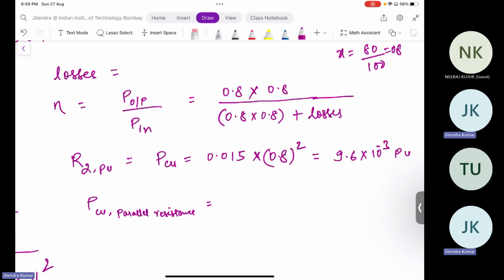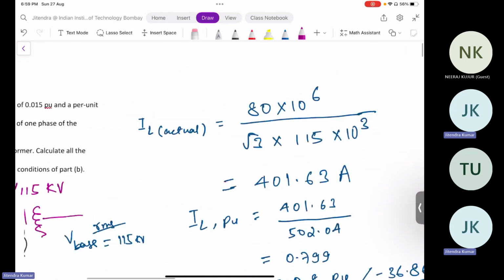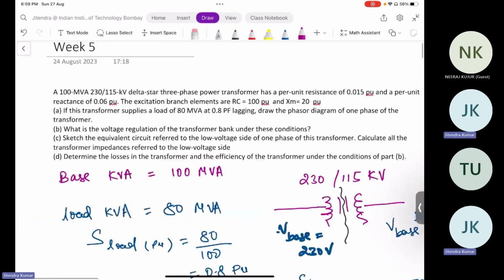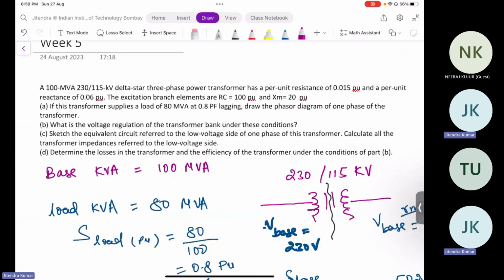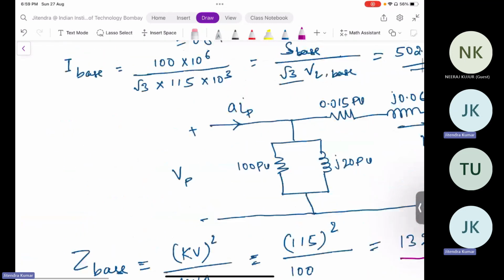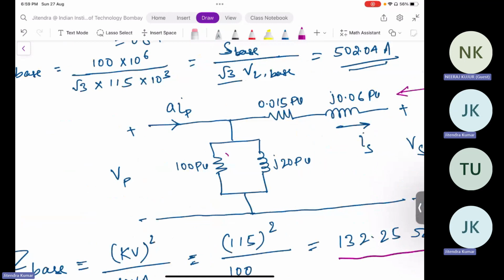See this circuit, let me bring it to you. How much loss will be in this? Sir, VP square by R. Perfect, VP square by 100 per unit.